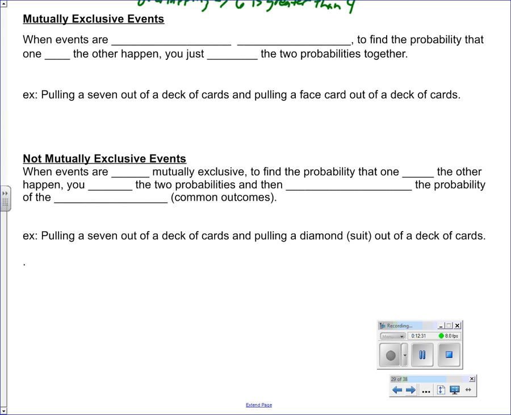So when we have two events that are mutually exclusive, to find the probability that one or the other will happen, all we do is add up the probabilities of each event. So in this example, we have the one from above: pulling a 7 out of a deck of cards, pulling a face card out of a deck of cards.